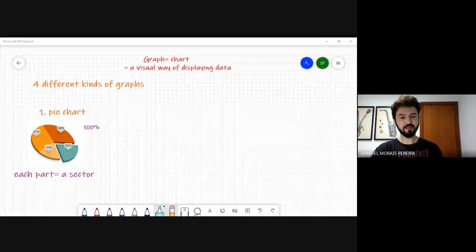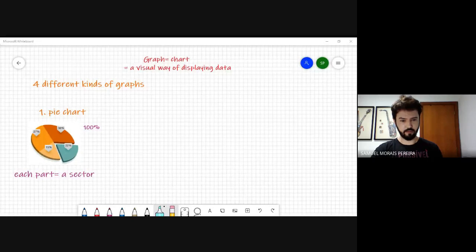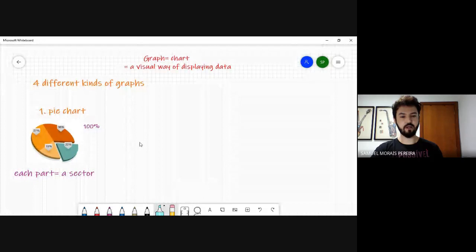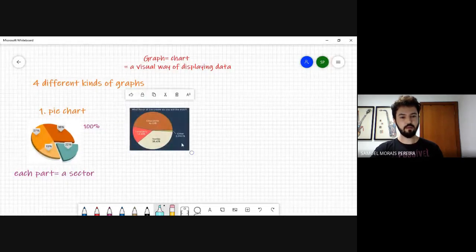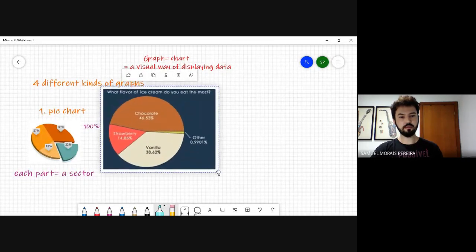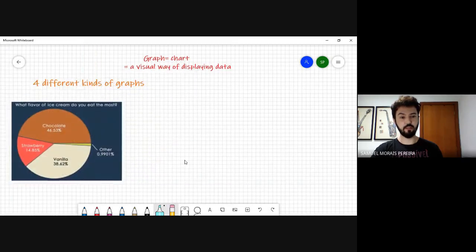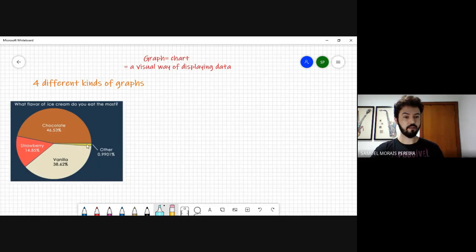Well, as I told you, I have here some exercises, okay? So pay attention to this other pie chart I'm gonna show you now. So here I have some more information. Can you see? I have here a circle divided into 4 parts. The yellow part here represents other, but other what? You can just take a look at the question here. What flavor of ice cream do you eat the most?